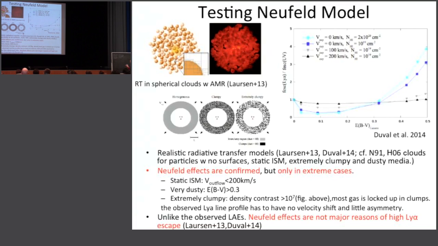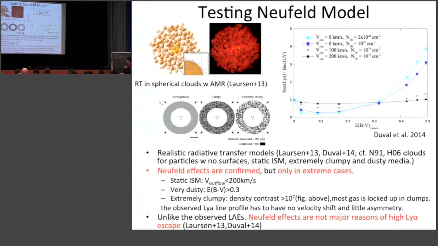One uses radiative transfer models with clumpy cloud media, using a very sophisticated adaptive mesh refinement technique, to look at how the Neufeld effect works. The other effort is made by Diva, with a more realistic distribution of a homogeneous, smooth distribution of the ISM, plus the clumpy media.